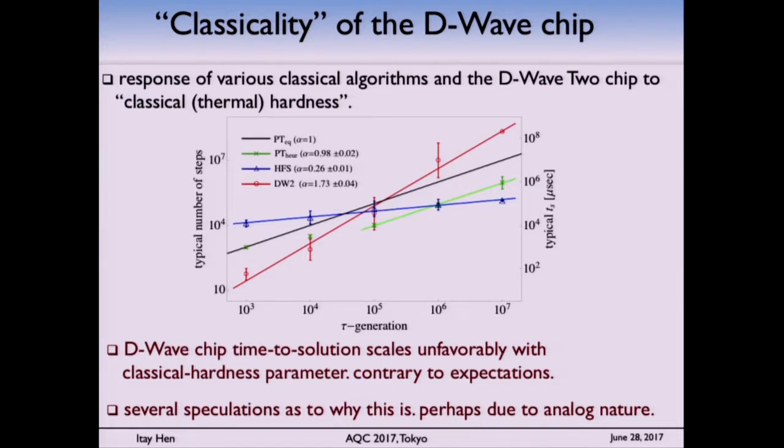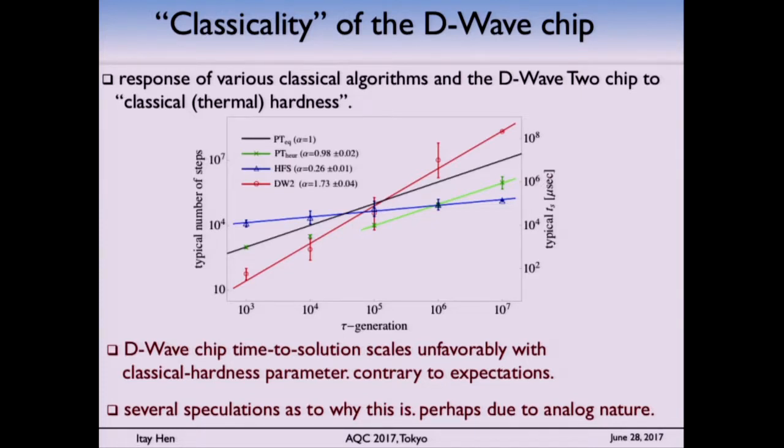We really did expect the D-Wave slope to be much smaller, just because we assumed that it doesn't use thermal effects or is not really affected by them. I guess we expected to see quantum effects going on, so we didn't really expect it to be susceptible to thermal classical hardness properties.